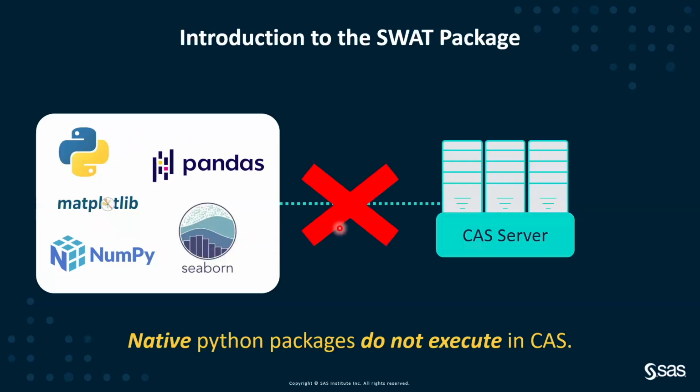One must understand first that the native Python packages would not execute in CAS. You can imagine the number of packages that Python has. Those packages, or let us say R for that matter, keep getting updated more and more, and new packages will come. Since it is open source, the number of packages grows very rapidly. Some packages become redundant, new versions come. There is a lot of activity happening in open source at any given point of time.